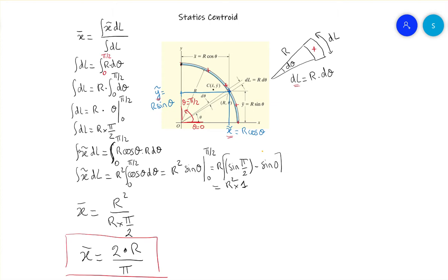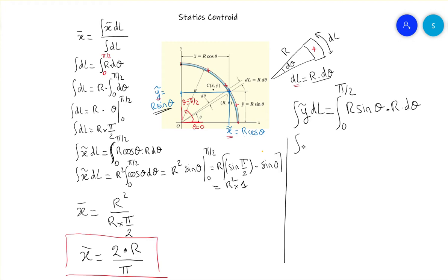Let's do now y tilde, the integral of y tilde dl. It's the integral from 0 to pi divided by 2 of r sine theta, the y tilde, times dl, and dl is r d theta. So the integral of y tilde dl is equal to r square times the integral of sine theta d theta from 0 to pi divided by 2.